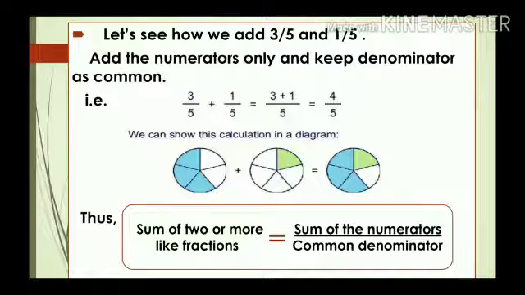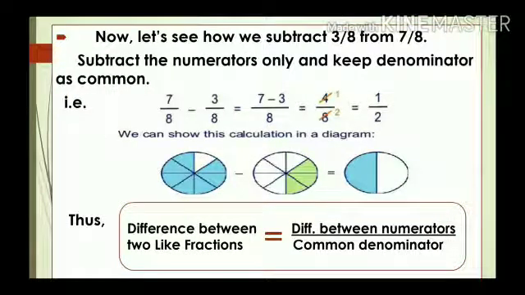So after adding 3 out of 5 and 1 out of 5, you get 4 out of 5. Thus, the sum of two or more like fractions is equal to the sum of the numerators upon the common denominator. And this is the formula for adding like fractions.